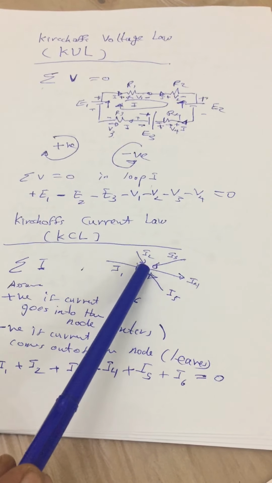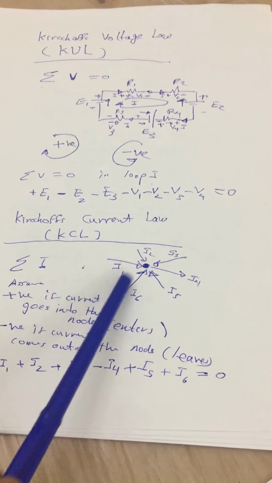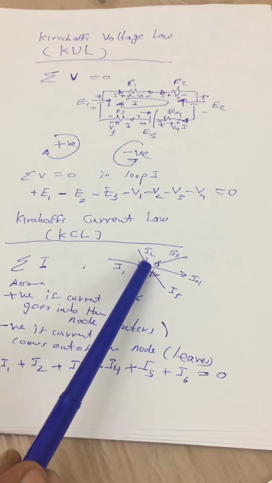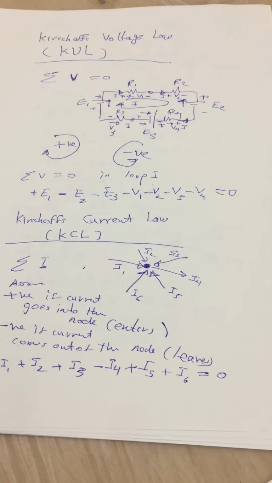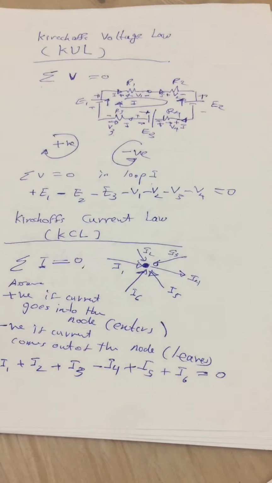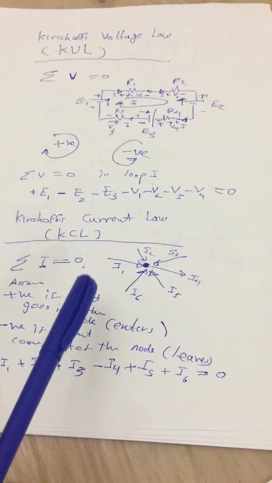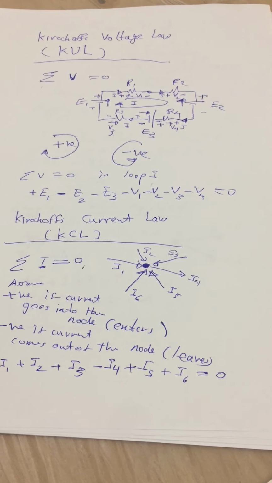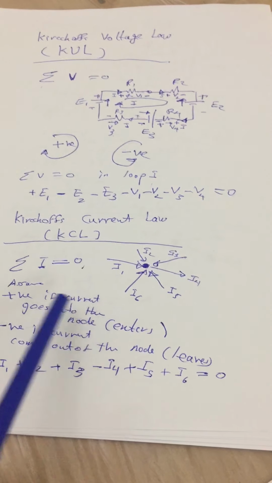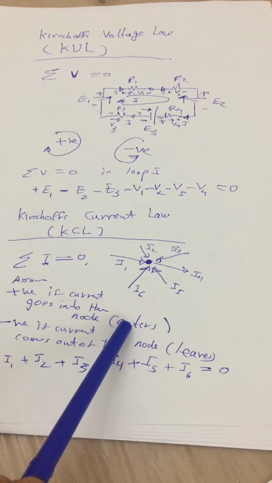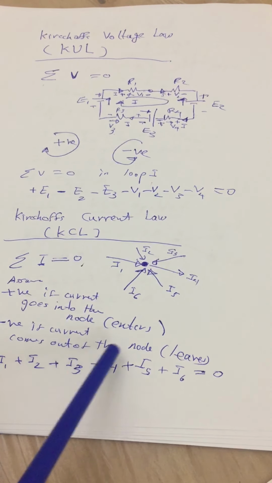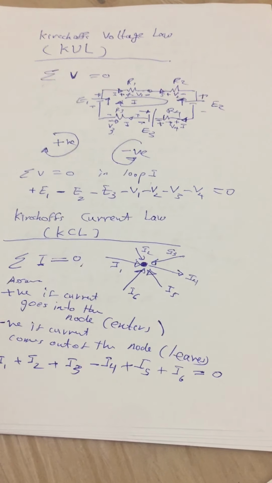If we have a node and many currents are injected into this node, the sum of all currents injected into the node should equal 0. If a current goes into the node, which enters the node, we assume it as positive, and if the current comes out of the node or leaves the node, we assume it as negative.